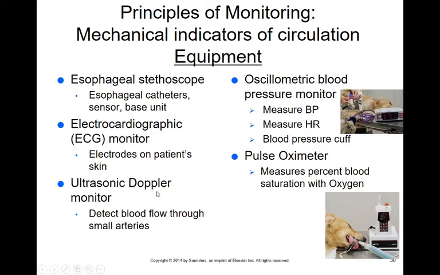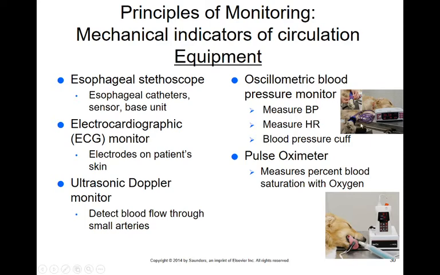You can't always hear arrhythmias, but we can see arrhythmias. Ultrasonic Doppler monitor detects blood flow through small arteries. This is a great thing to have for the surgeon to listen to so they can hear the heart rate going, but it's not always effective, and it should not be the only thing we're using to monitor heart rate. An oscillometric blood pressure monitor. This is much more common than it used to be.